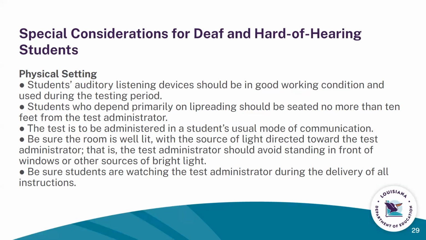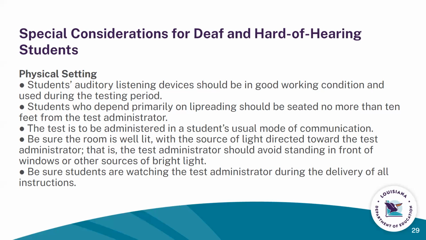Lastly, an IEP team may discuss special considerations for students who are deaf and hard of hearing in regards to physical settings. Students' auditory listening devices should be in good working condition and used during the testing period. And students who depend primarily on lip reading should be seated no more than 10 feet from the test administrator.